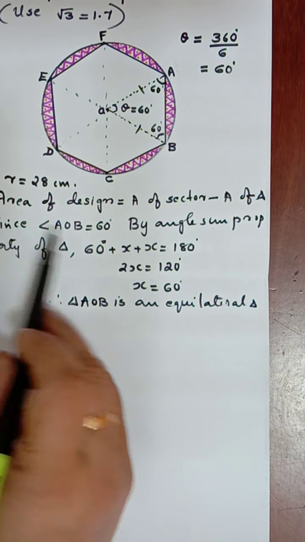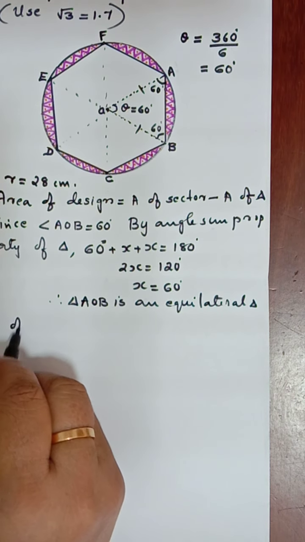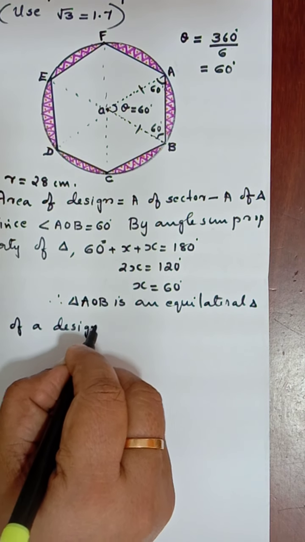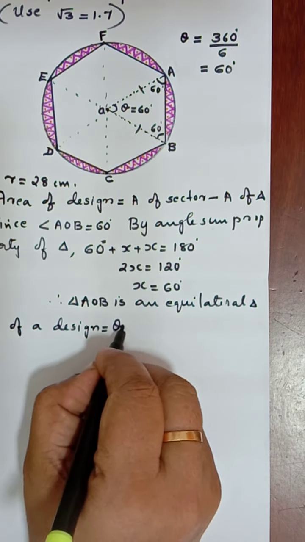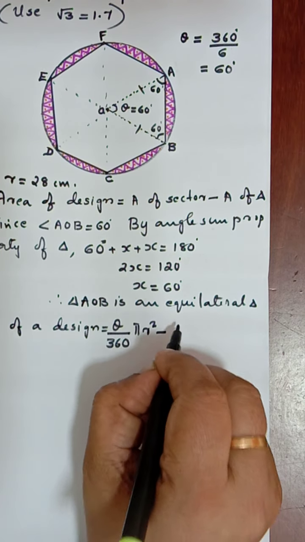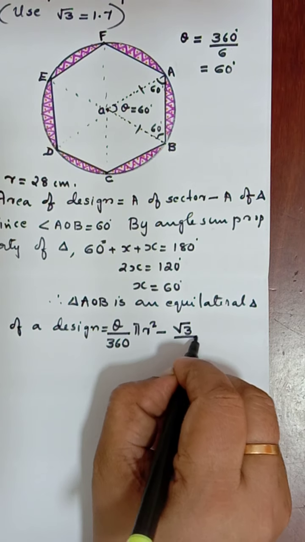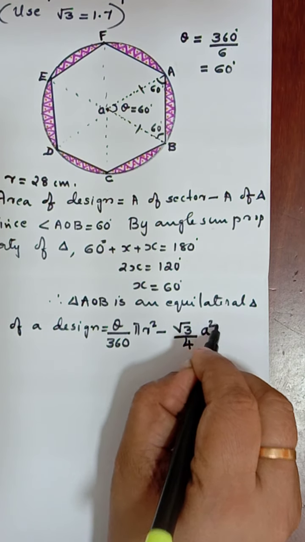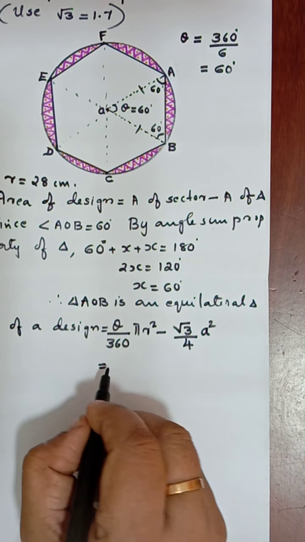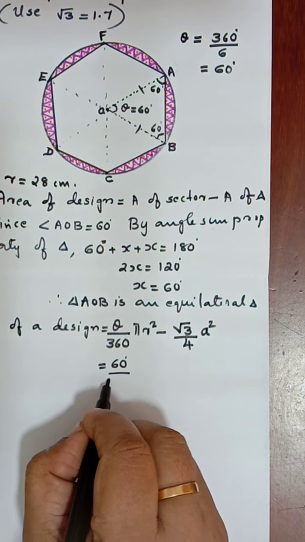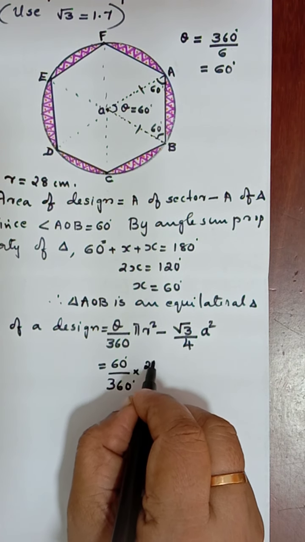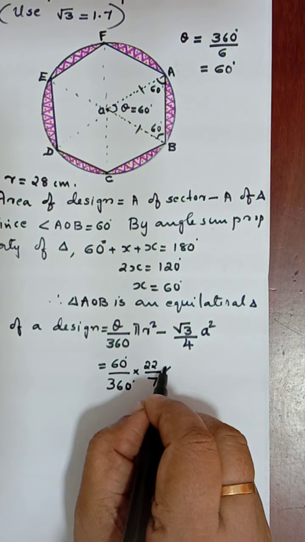Now let us substitute in the formula for the area of a design. We can write, that means one design, area of sector, theta by 360 into pi r square, minus area of equilateral triangle, root 3 by 4 a square. Substitution: theta is 60 degrees by 360 into pi. Value not mentioned, so we will substitute 22 by 7.